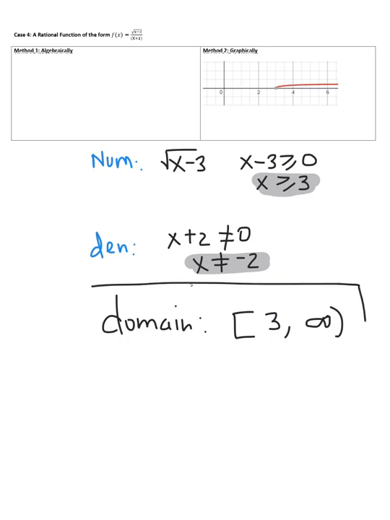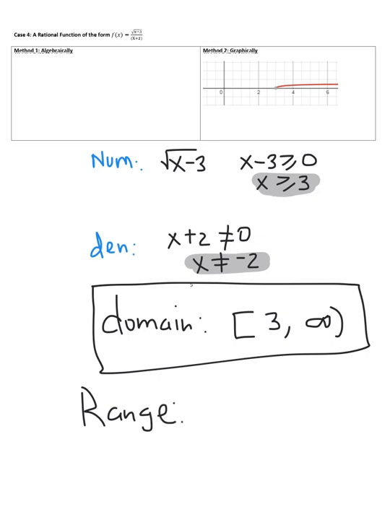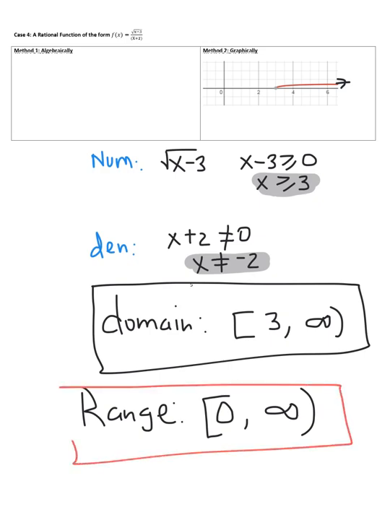So that's the domain. What about the range? For the range, I can look at the graph. See, this keeps going up. So that means the range is from 0, included, to infinity. So that's how the range is going to be.